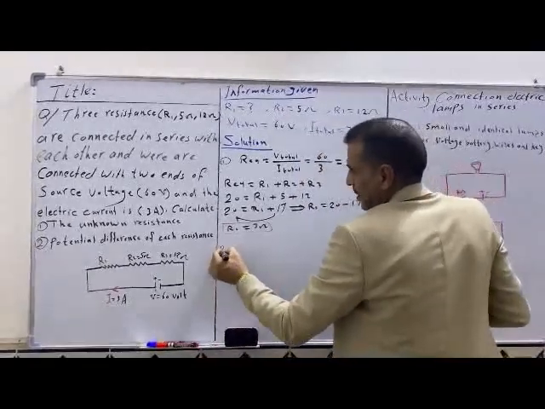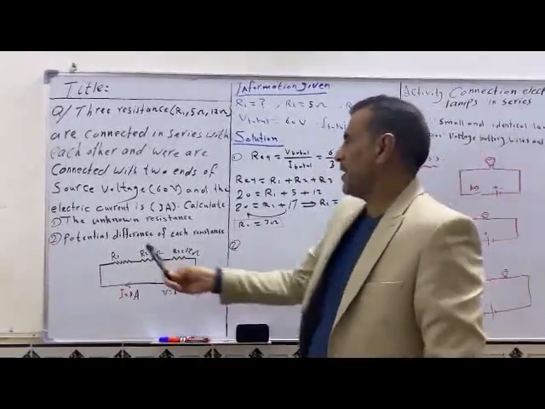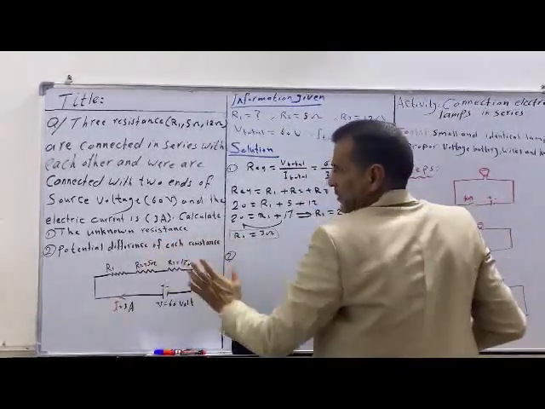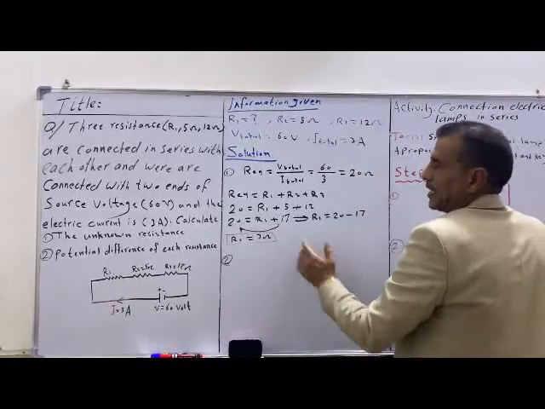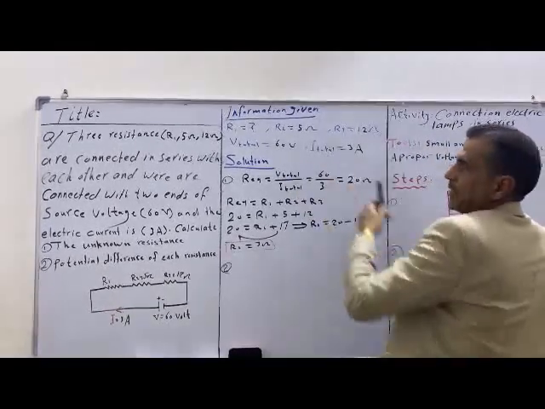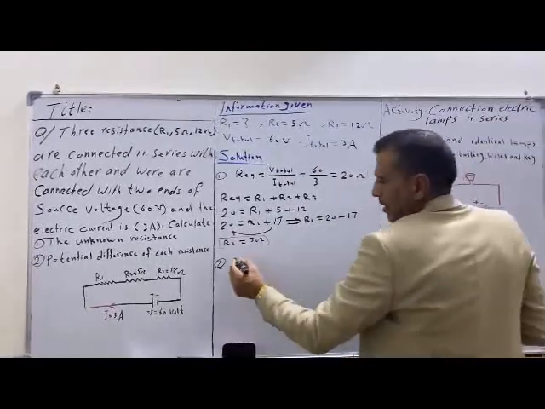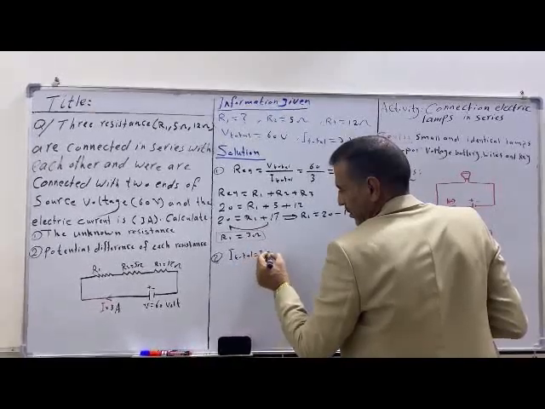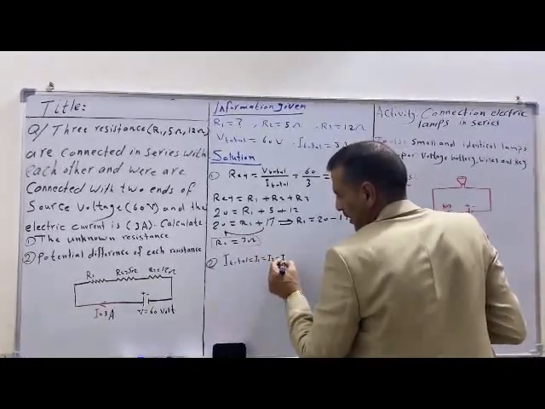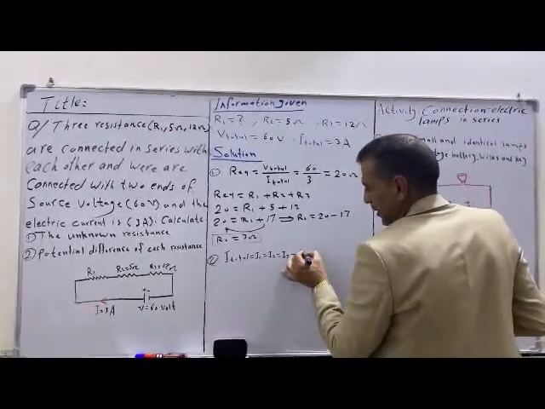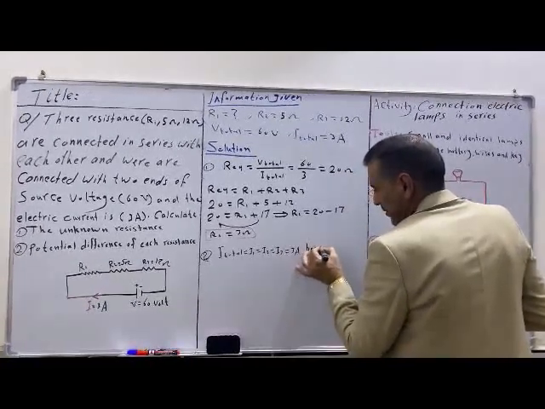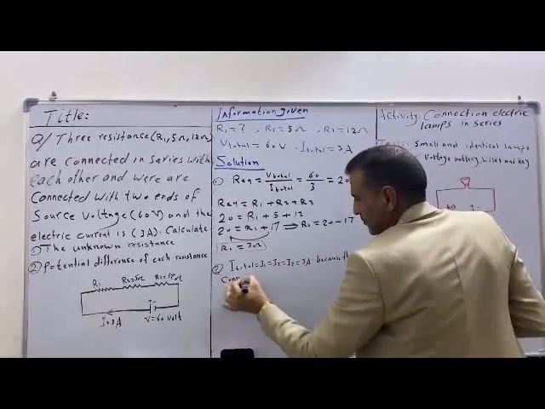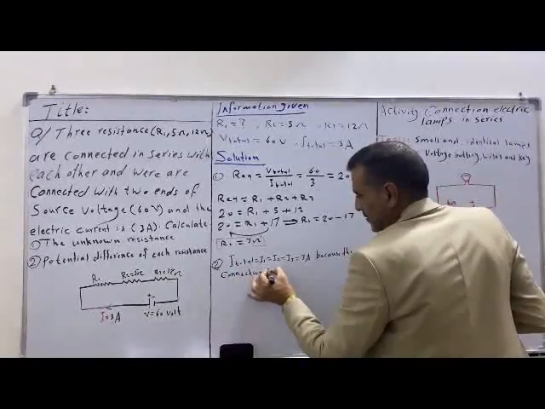2. Potential difference of each resistance. To calculate the potential difference of each resistance, we need the electric current and the amount of the electric resistance. I total equals I1 equals I2 equals I3 equals 3 ampere, because of the connection in series.